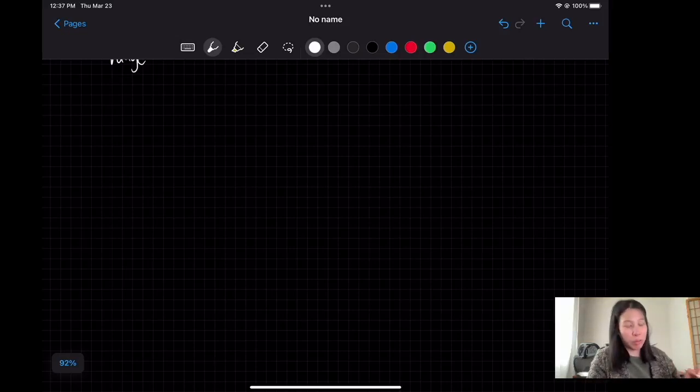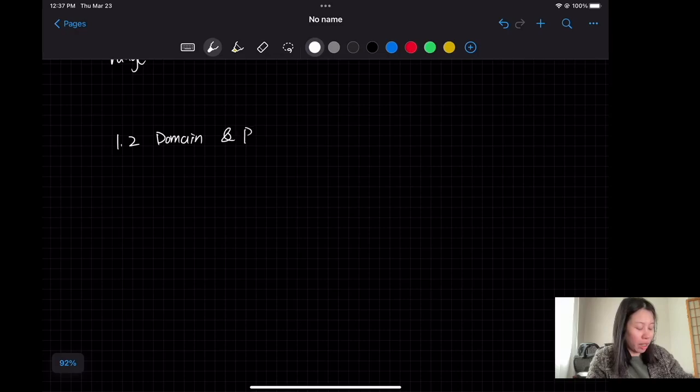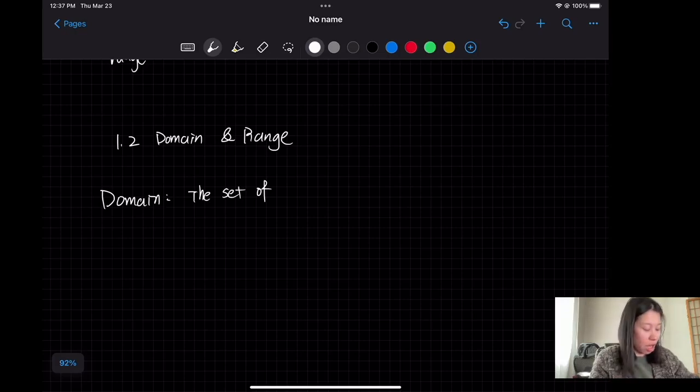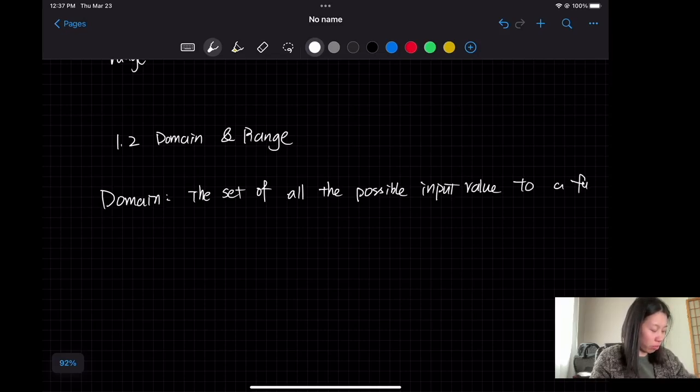Today we are going to talk about domain and the range. Chapter 1.2, Domain and the Range. So what is domain? Domain is the set of all the possible input values to a function.